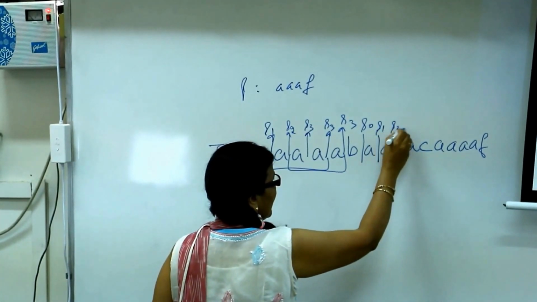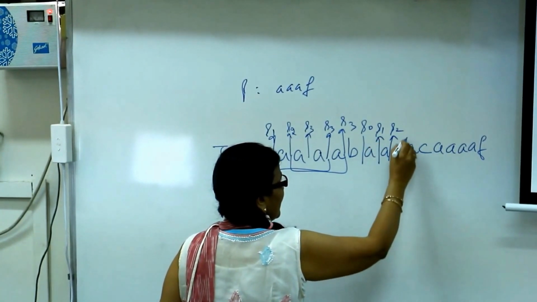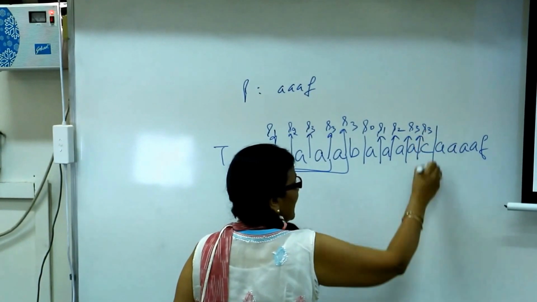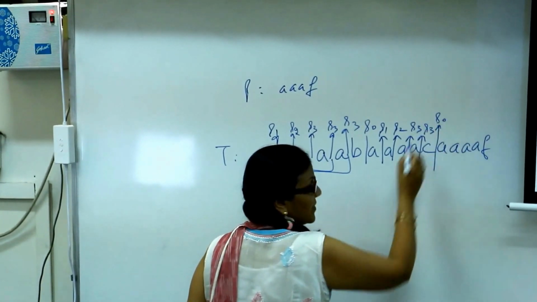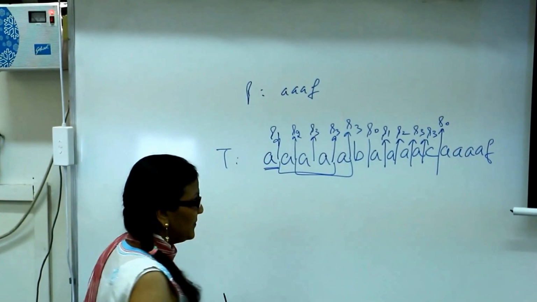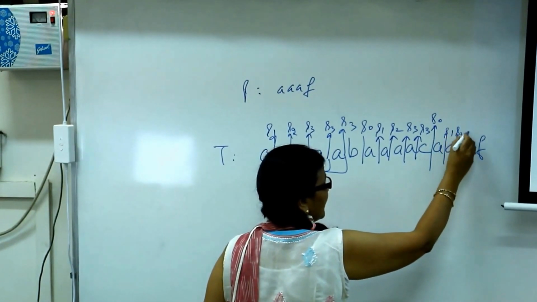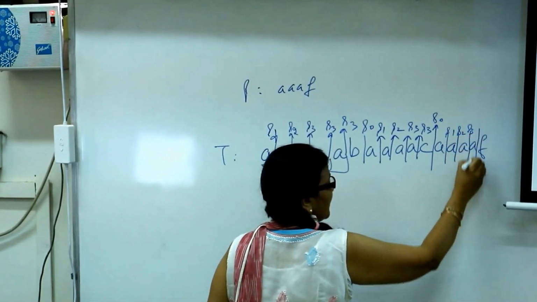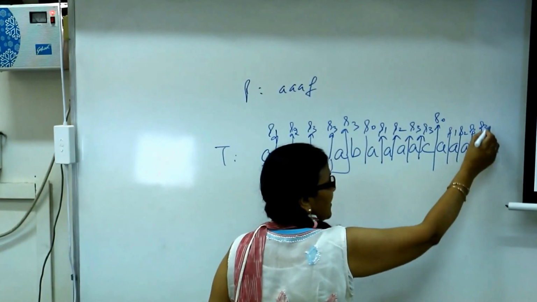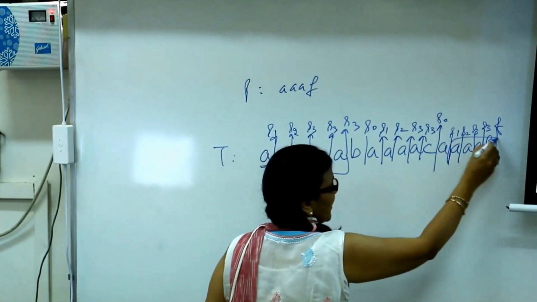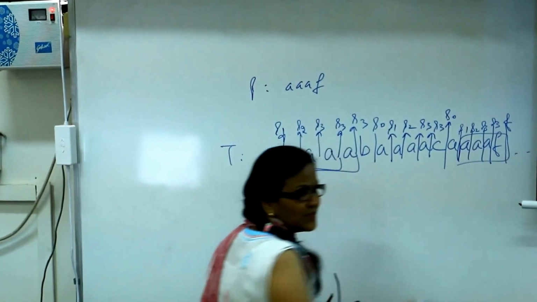S1, S2, S3, and again S3, again a failure, S0, start all over again, S1, S2, S3, S3, and then final state. So this is the string that we are getting. We could have had something more beyond this, that's okay.